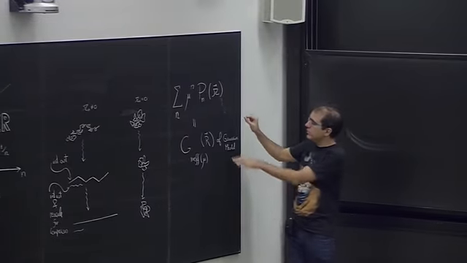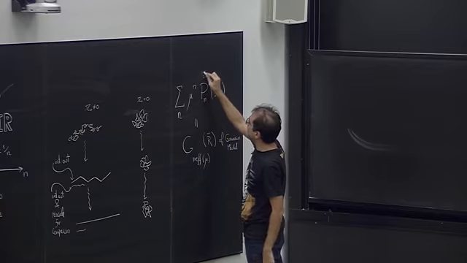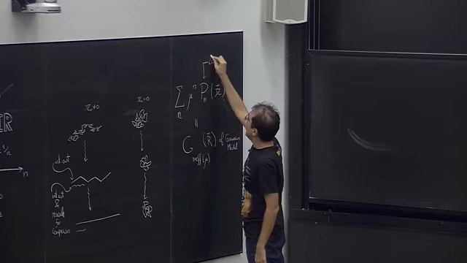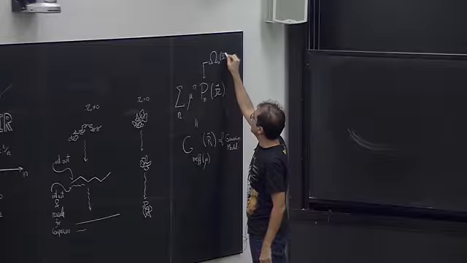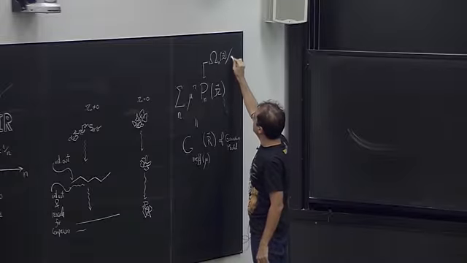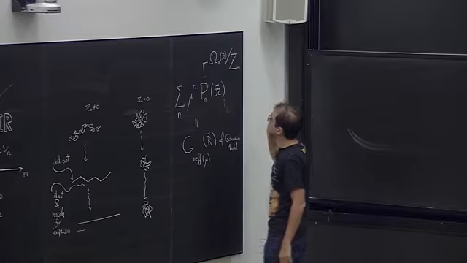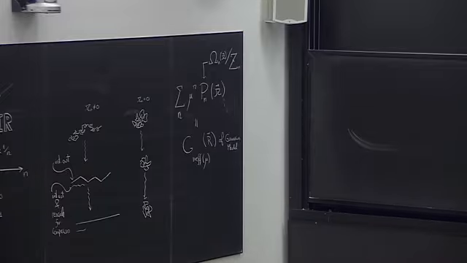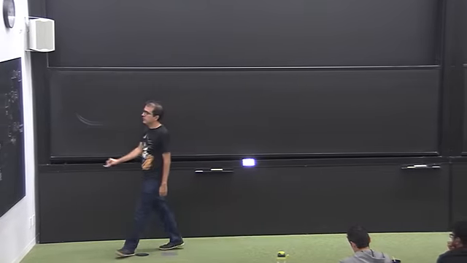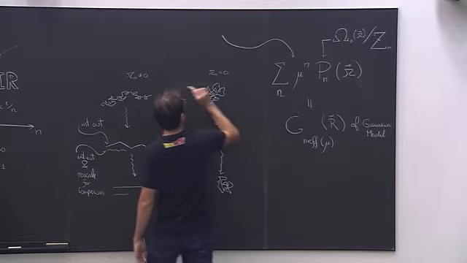Right? Now, just remember, what is the probability of going from 0 to R? This probability is just how many paths there are, omega n, that go from 0 to R, divided by the total number of paths, which would be Z, a partition function. It's just the total number divided by the partition function. Right? So this object here is what?